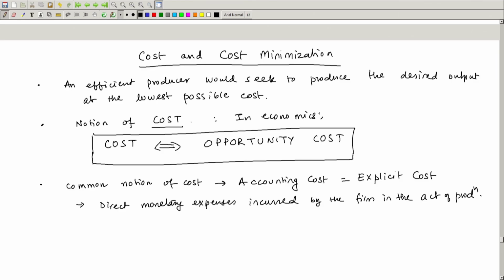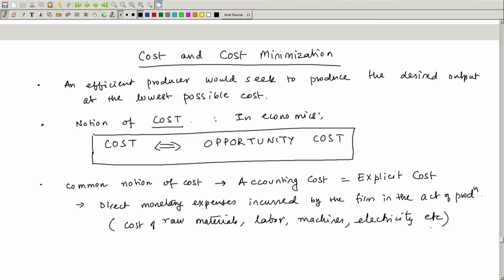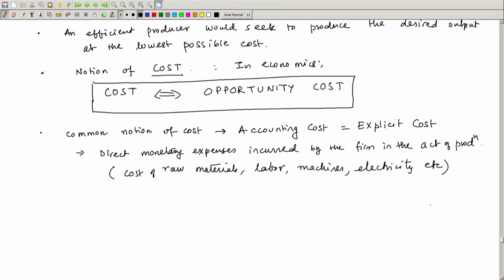For all of those inputs you are able to assign a specific or a direct monetary value, right. So this is the cost of raw materials, the cost of labor, rent that you pay for machines, electricity use, etc. Right. So these are the explicit or the accounting costs.